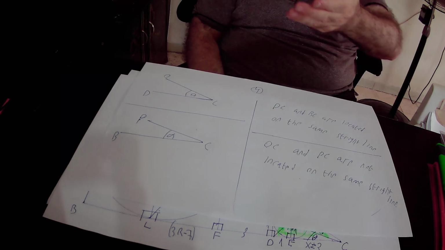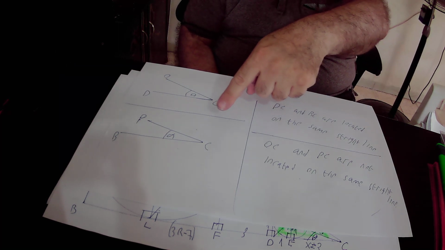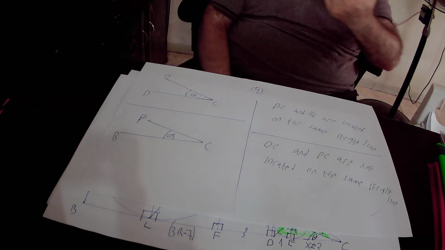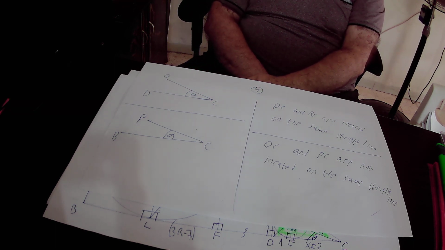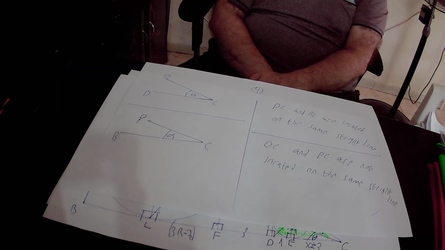And because CO is not located on the same straight line as PC, the second legs of the two angles are not on the same straight line, therefore they can never be equal to each other. Because one leg is on the same straight line, the second leg must also be on the same straight line if we want the two angles to be equal.